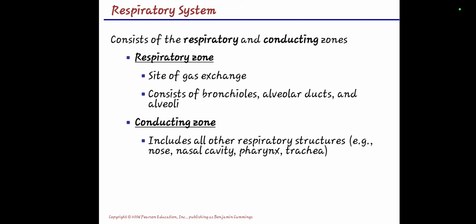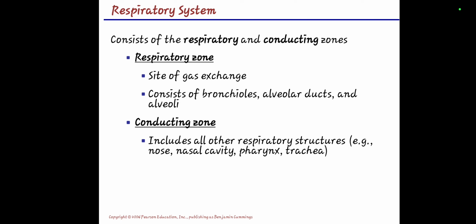Why? Because if we examine the anatomy, there is a separation of a conducting zone, which is from the nose to bronchioles, and a respiratory zone, which is from the alveolar duct to alveoli.